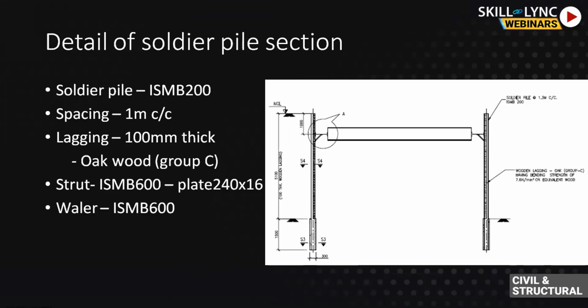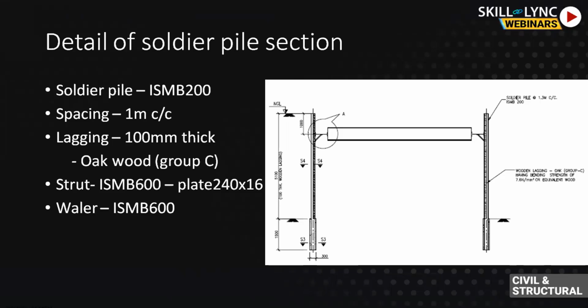Here the lagging is wooden lagging, 100 mm thick. The spacing between the soldier piles is 1 meter center to center, and a strut of ISMB 600 with plates is used, and a waler of ISMB 600 is used. The waler is the one placed at the strut level.